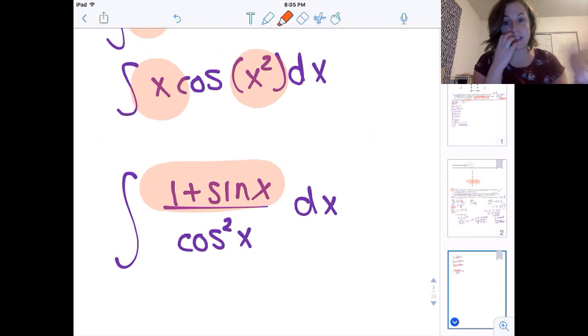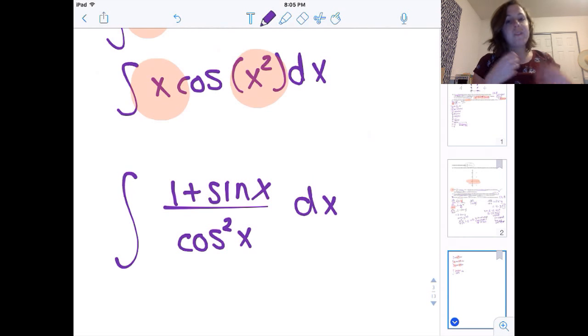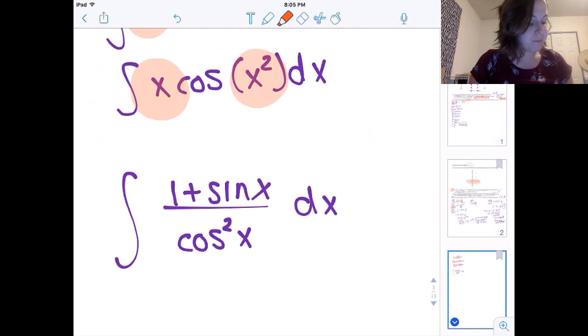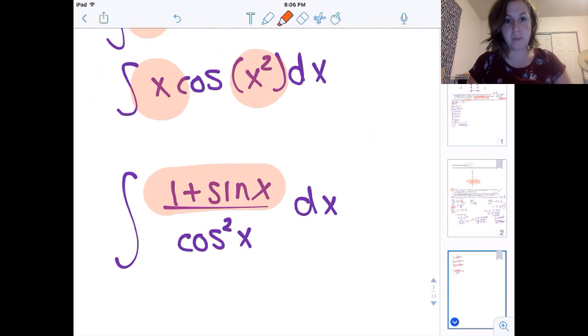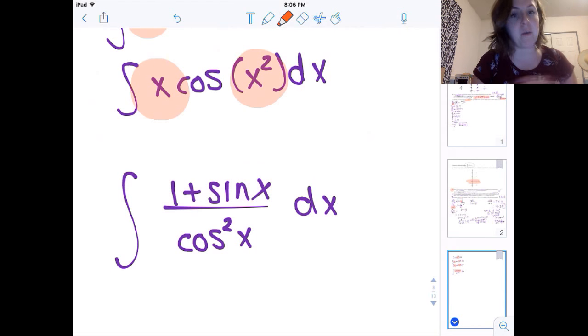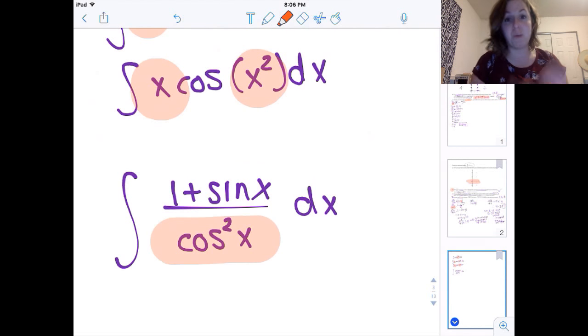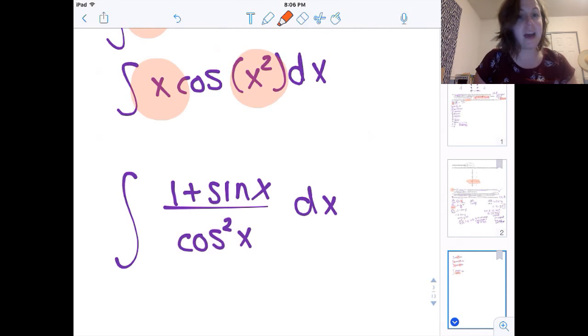So the only thing I can really do here is try to think, well, maybe it's a U-sub. So let's say I made this my u. So that would be 1 plus sine x. The derivative of that would be cos. That derivative on its own is not in here. And cos squared is not a multiple of that. So that won't work. Maybe I make u into cos, right? Then the derivative of that would be sine, not 1 plus sine. So that's not great. This is not a great candidate for u sub.